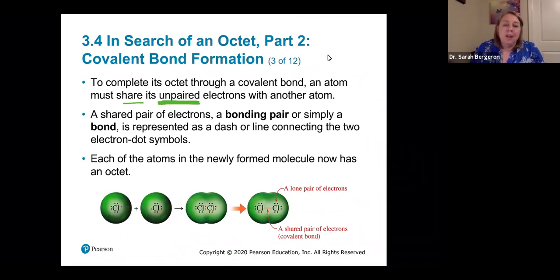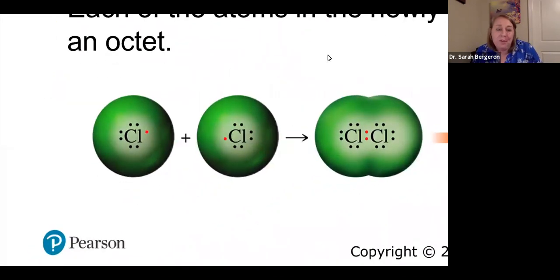So we call a shared pair of electrons a bonding pair, or simply a bond. So let's take a look at our example here. We have chlorine. Each chlorine atom has 7 valence electrons, and we know that each of these chlorine atoms has 1 valence electron that could be shared.